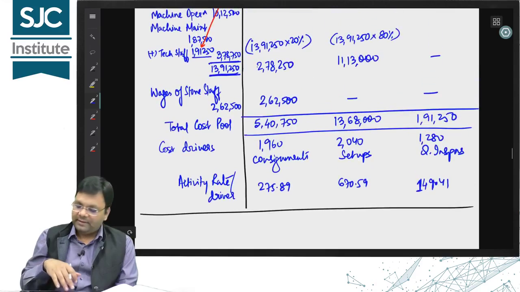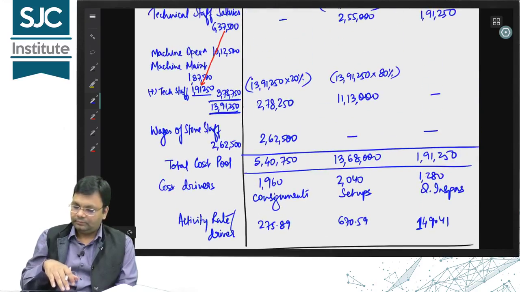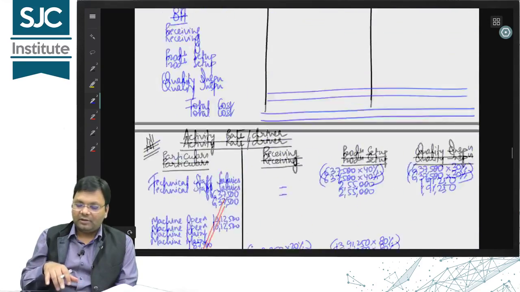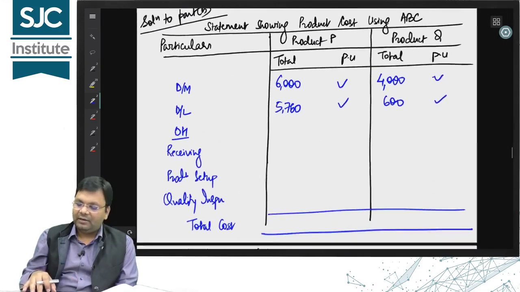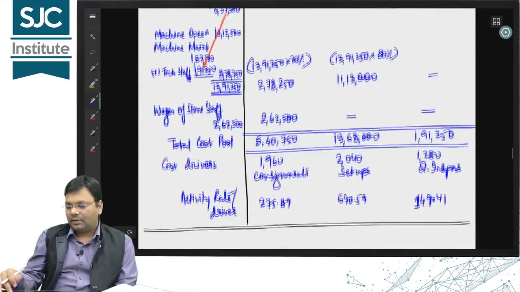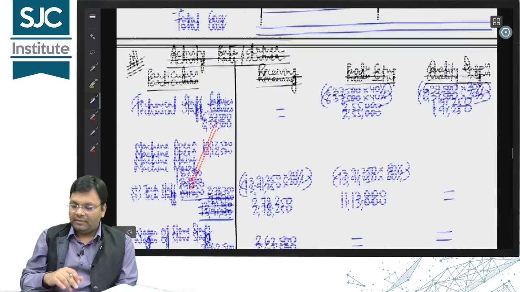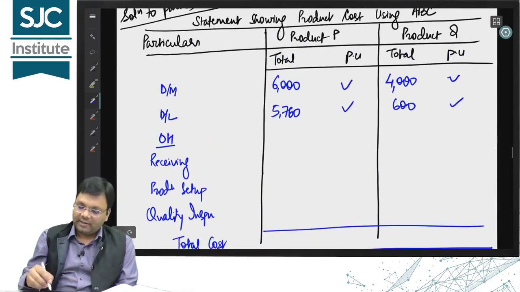So let's move ahead. Since we have got the rate, now we can find the cost of product. You can check the rate again. So now we can move to cost of product.